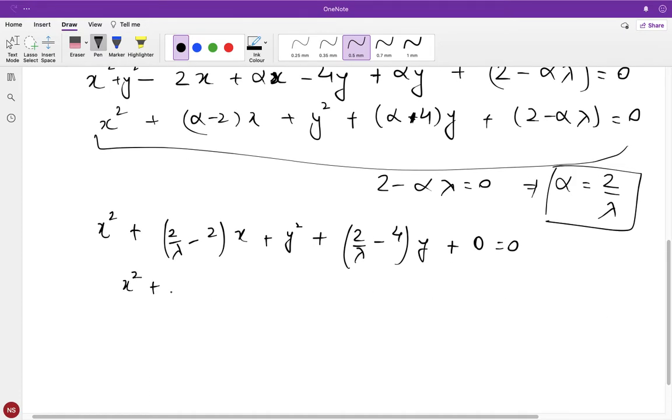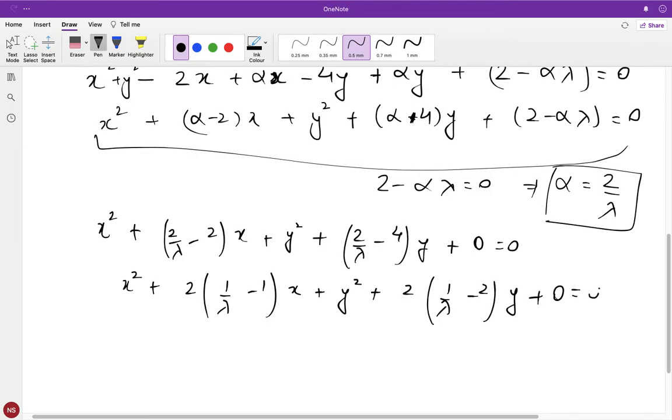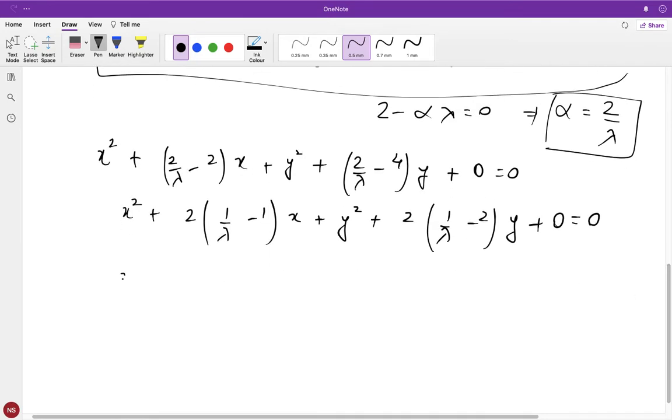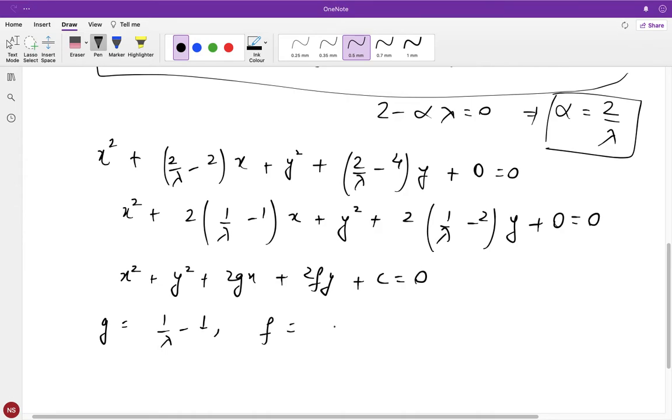So x square plus, take 2 common, 1 by lambda minus 1 x, plus y square, take 2 common, 1 by lambda minus 2 y, plus 0 is equal to 0. When you compare it to the standard equation x square plus y square plus 2gx plus 2fy plus c equals 0, you can see that g is 1 by lambda minus 1 and f is 1 by lambda minus 2.